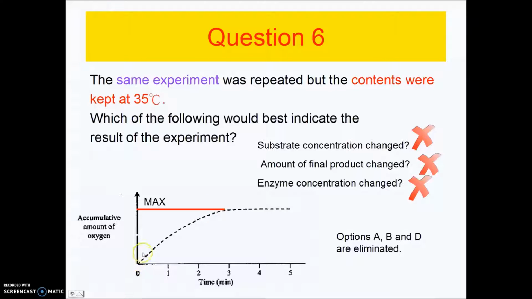Because it was kept at 35 degrees Celsius. 佢擺咗35度啊嘛，35度嘅時候 higher temperature, higher kinetic energy for the enzyme to collide with the substrate and then form the enzyme substrate complex. And then it will produce the product earlier, faster, so it can reach the maximum level earlier.